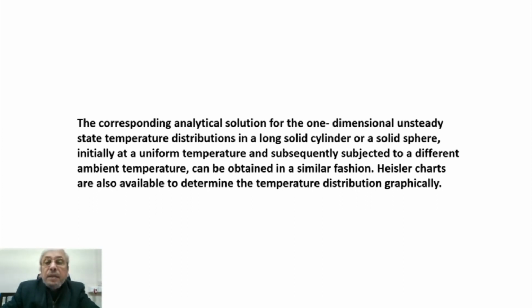So what we did for the infinite slab can be extended to a long solid cylinder or a solid sphere in a similar fashion through a similar mathematical analysis. And charts are also available to determine the temperature distribution on those geometries graphically.